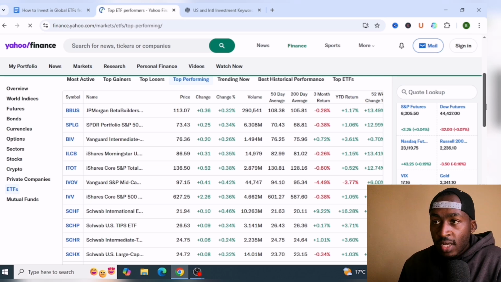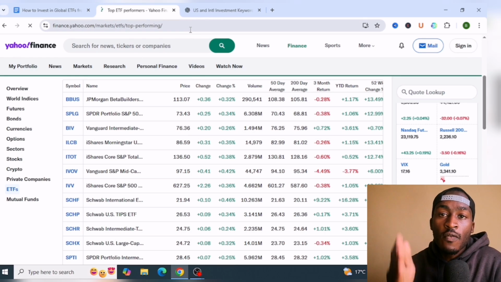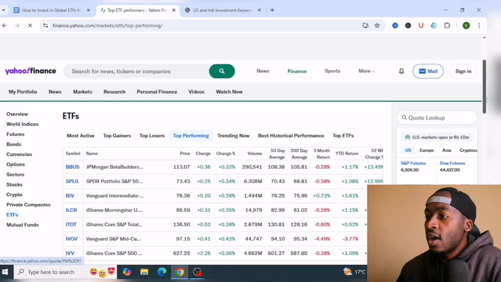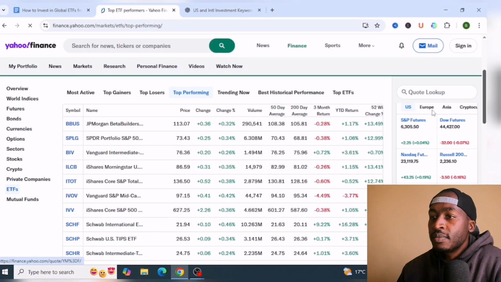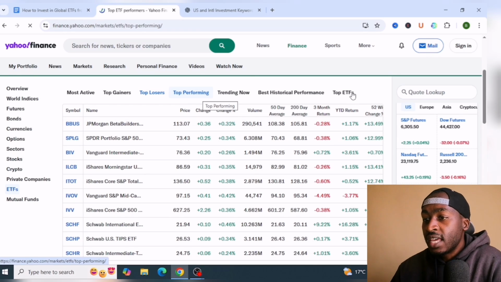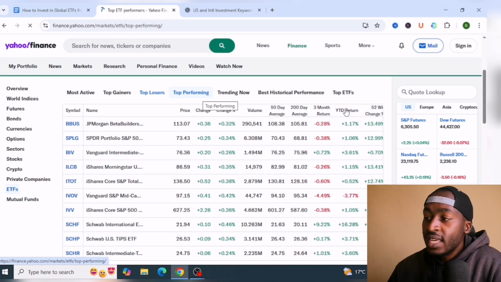Let's now go into the platform where you can get access to various ETFs that you can invest in. You can go to Yahoo Finance or search for Yahoo Finance ETFs, and it will bring you to this website where you can search for different ETFs like most active, top gainers, top losers, top performing, trending now, best historical performance, top ETFs. And you can see the returns year to date.